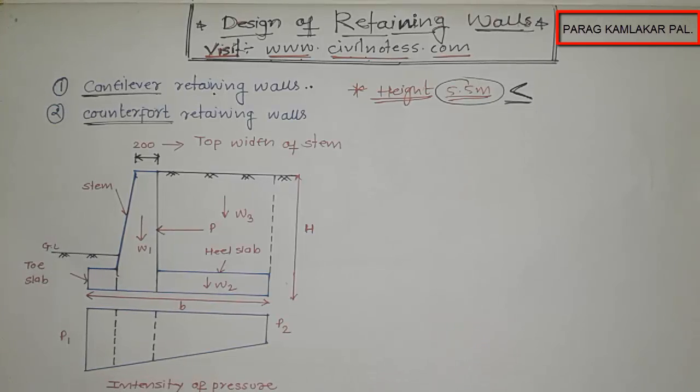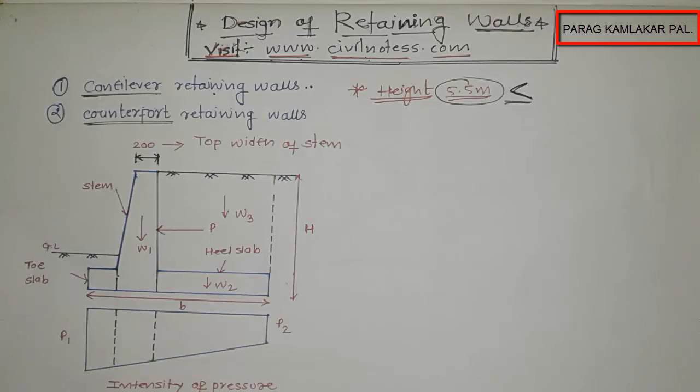First of all, we need to know the general features of retaining walls. There are two main types of RCC retaining walls: the cantilever retaining wall and the counterfort retaining wall. The cantilever retaining wall consists of a stem, a heel slab and a toe slab.